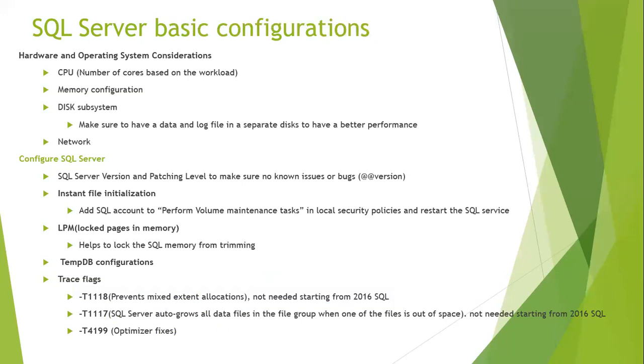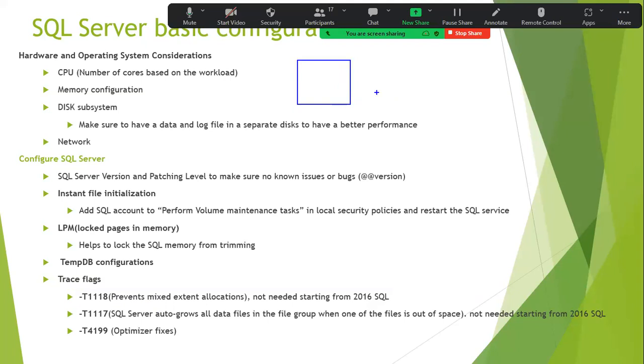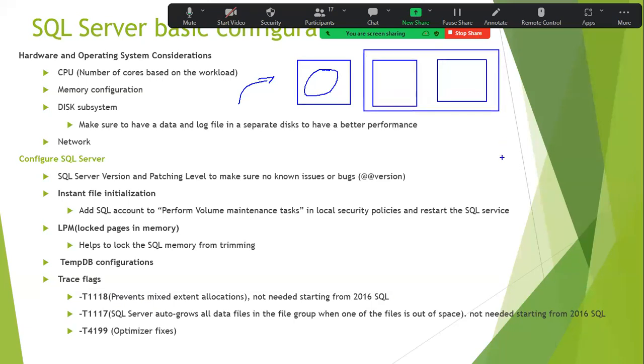And auto growth. Whenever you have a data file, and you have multiple data files, 1 or 2, 3, whatever it is, if you are doing something on that particular data file and it has grown, then the remaining files are left behind.